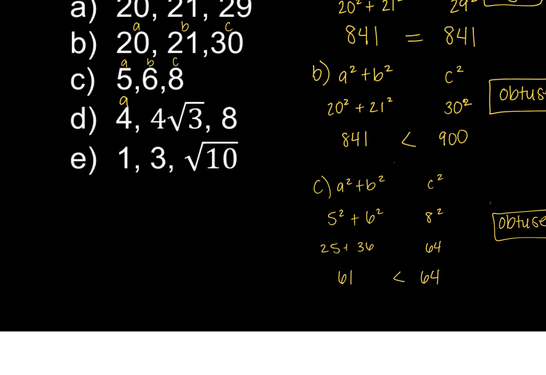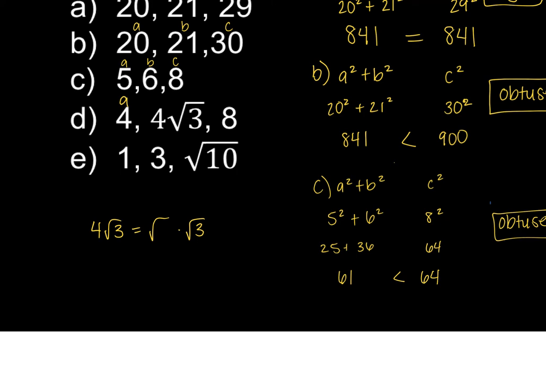Put everything under the radical. So 4 root 3 is going to be the same as the square root of what times the square root of 3? What is 4 written as the square root of something? If we were to take 4 and write it as a square root of something, what would it be?